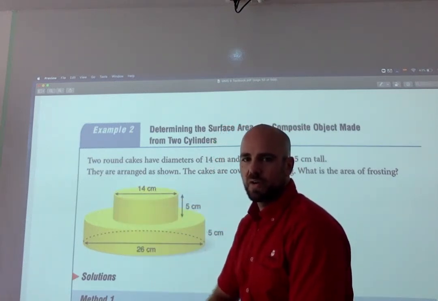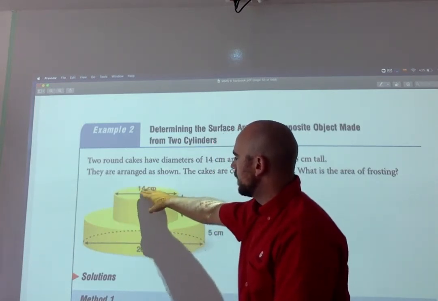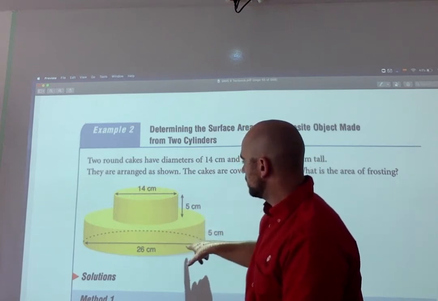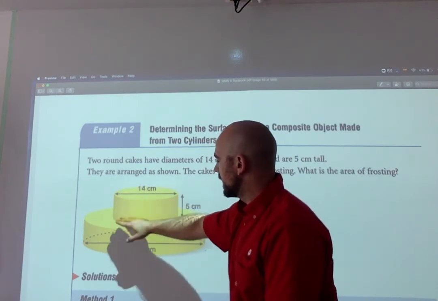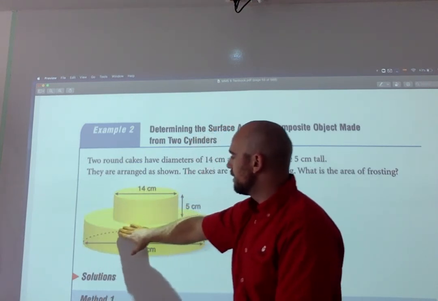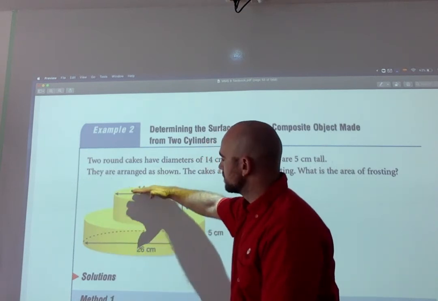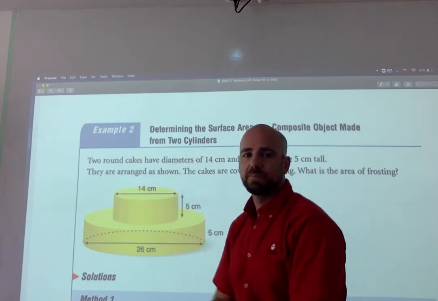So we can actually go and calculate the surface area of this and one of the tops. We could calculate the area of this whole top, and then we would subtract the area of the top part.